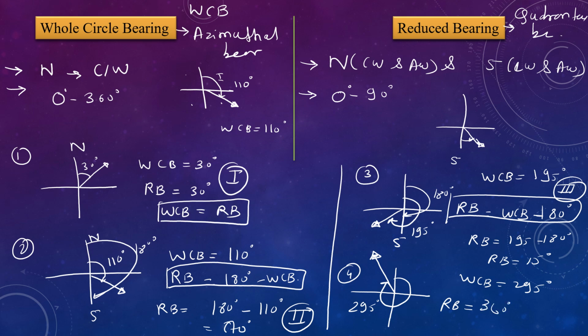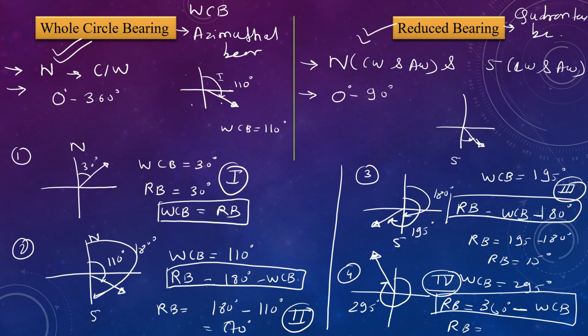If we subtract the WCB from 360 degrees, we get the RB value. 360 degrees minus this 295 is nothing but this RB. So this is the formula for the fourth quadrant: RB is equal to 360 degrees minus WCB. So this is all about the whole circle bearing and reduced bearing.